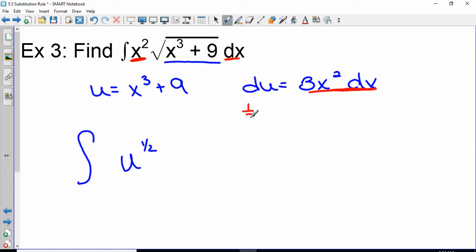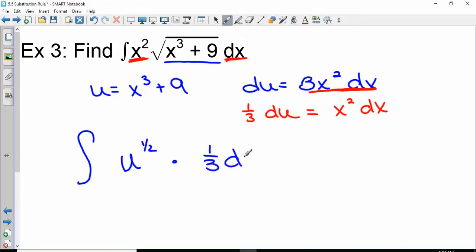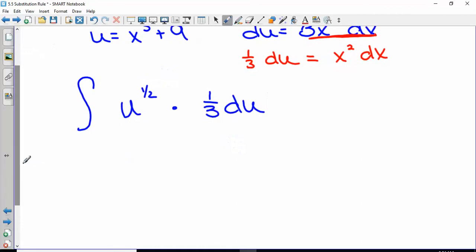Yeah, we could divide by 3 on each side, or multiply by 1/3. So that means 1/3 du is equal to the x squared dx. You see how I moved that? So this x squared dx is all replaced with the 1/3 du.